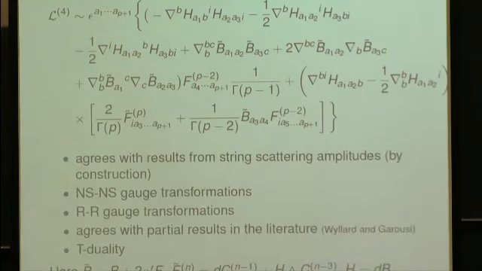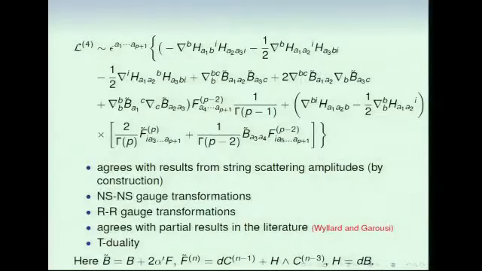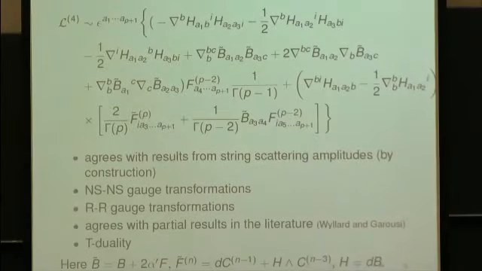Now, by construction, this agrees with the result from string scattering amplitudes, of course. The reason why I chose to write it like this is that invariance under NS-NS and Ramond-Ramond gauge transformations is obvious.